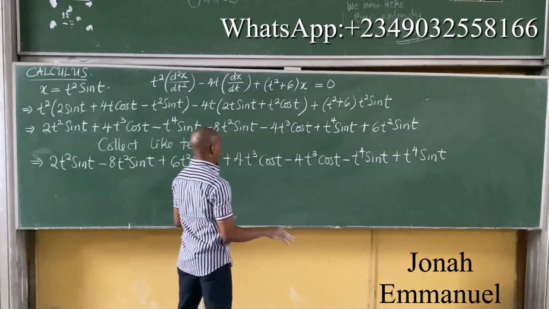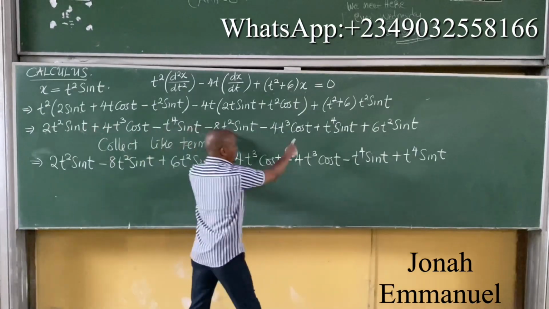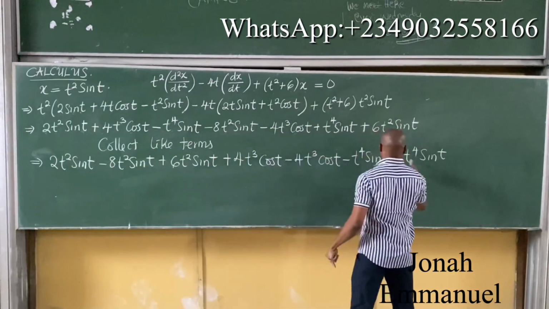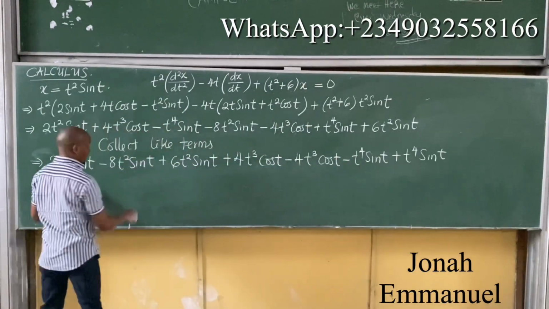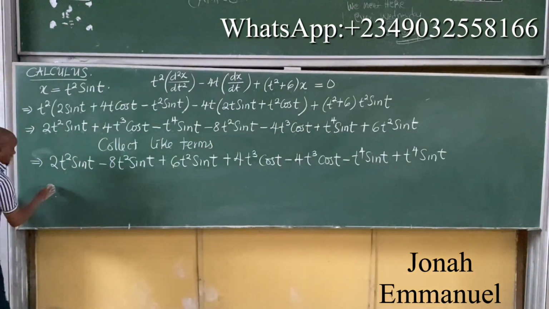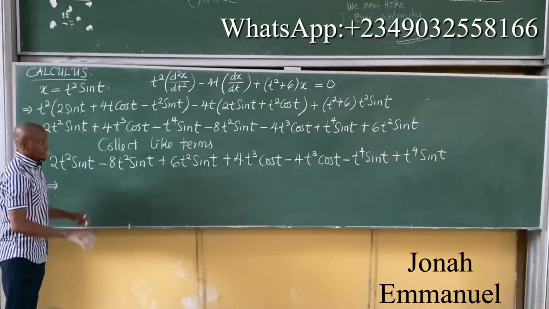Count them: 1, 2, 3, 4, 5, 6, 7. So it's correct. I always advise, after collecting like terms, make sure you count them so that you don't miss any.